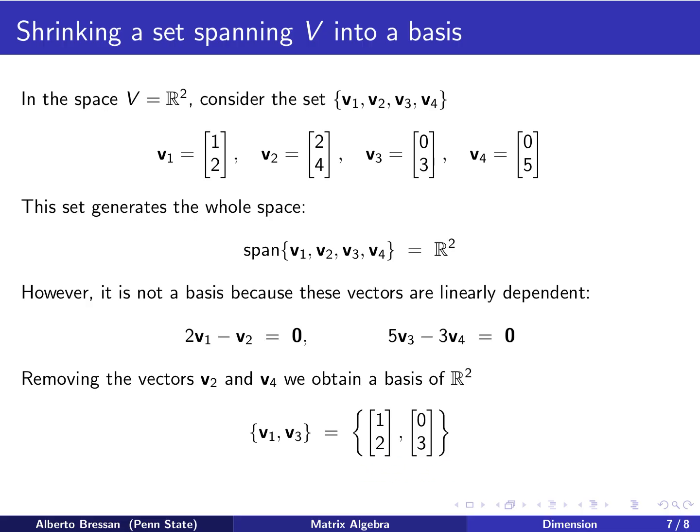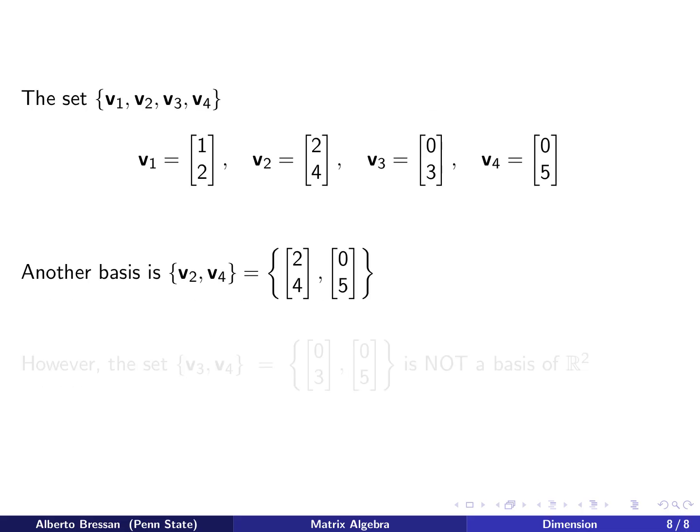And it's easy to verify that this is linearly independent. There are 2 vectors, and the 2 matches the dimension of R2, and therefore this is a basis. So we saw that we could just remove V2 and V4 and obtain a basis.